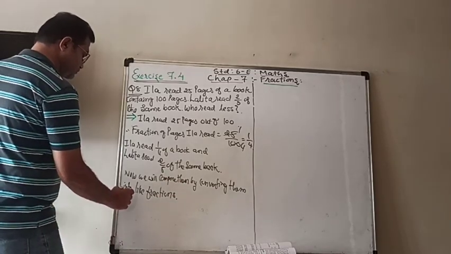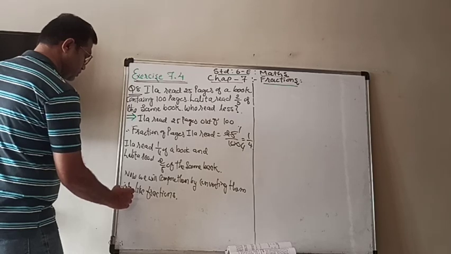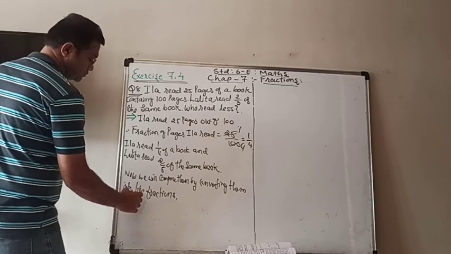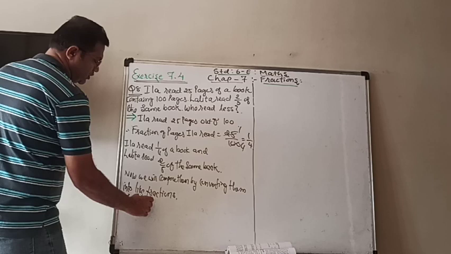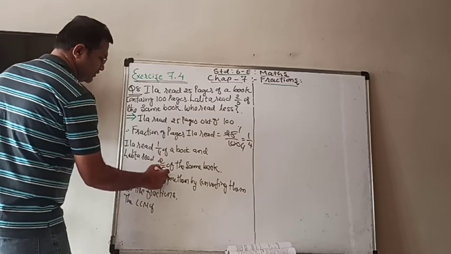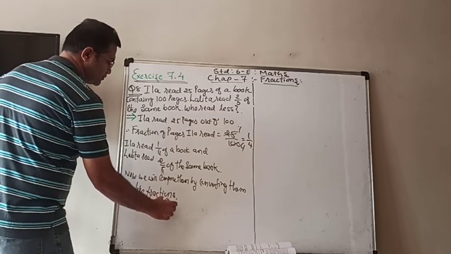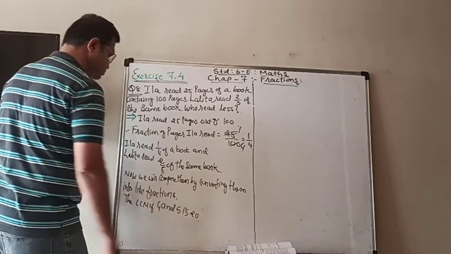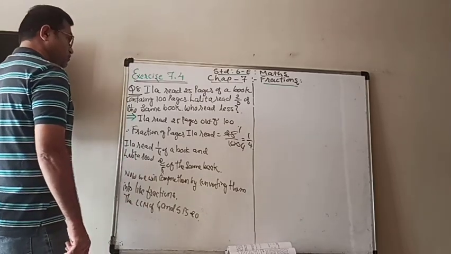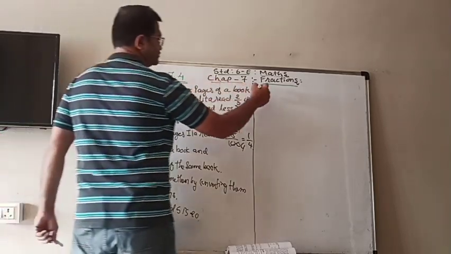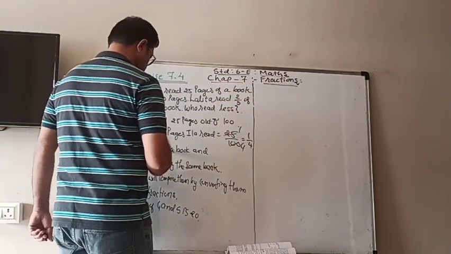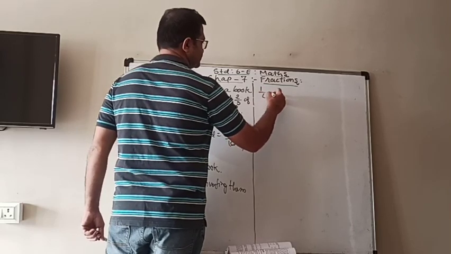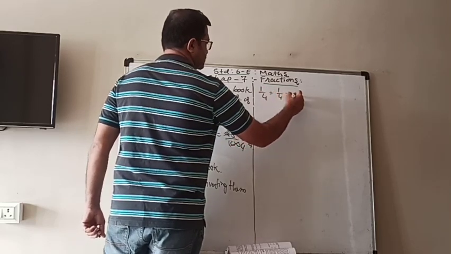So now the LCM of denominators, that means 2, 4 and 5, is 20. So now what will we do? 1 by 4 is equal to what?